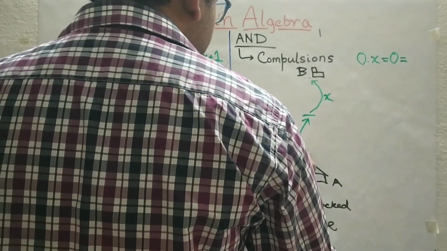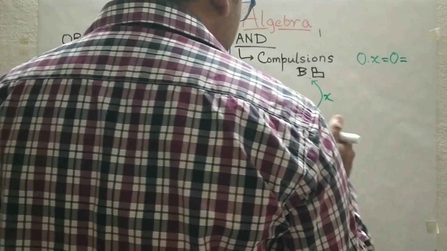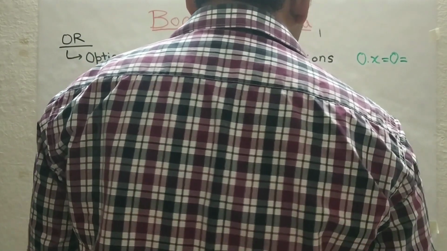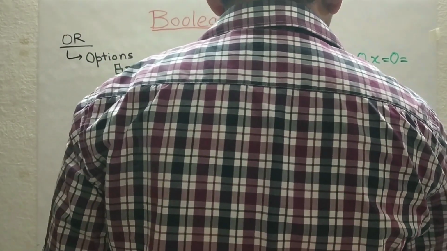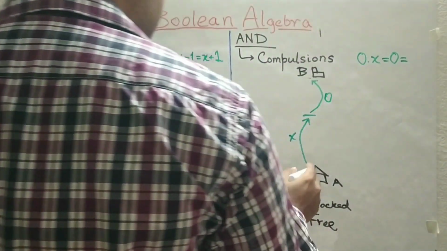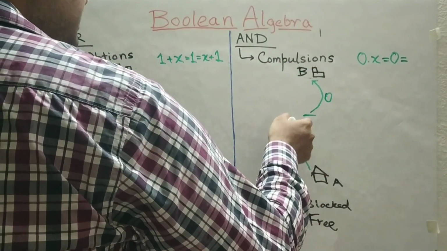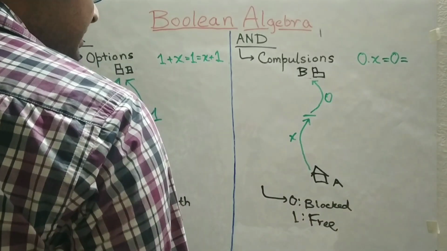Now we can reverse it and put x here and 0 here. That is the same thing, that the path from the first part is x, an unknown quantity.